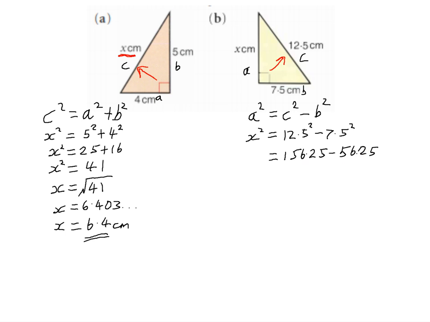Point in there. And that is 100. Remember, that is x squared that we've been working out here. So to find x, we have to take the square root. Square root of 100 is 10 centimetres.